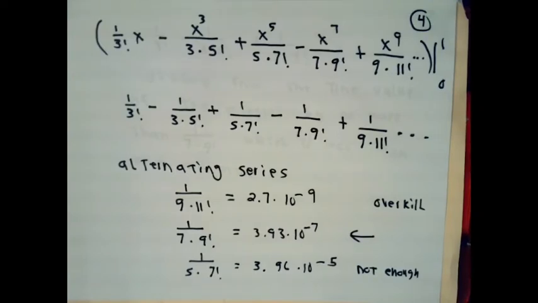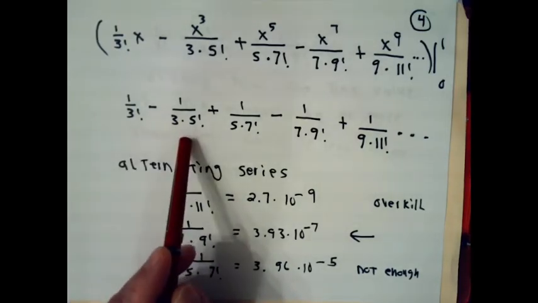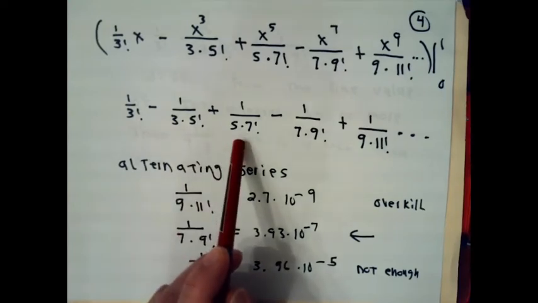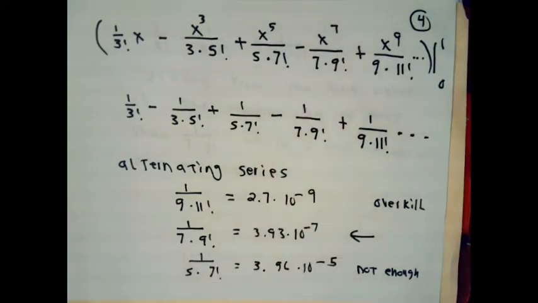Observe that that is an alternating series. If I were to calculate this term minus that term plus this term and stop, the alternating series theorem tells me that the error that I've committed is no bigger than how large the next term is. So we'll do some experimenting.